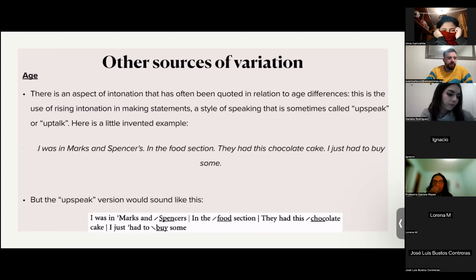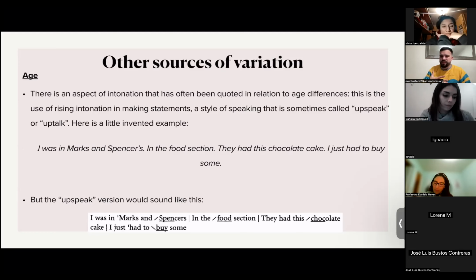Okay. Now, with the upspeak version, that would sound like a young person. It would be, I was in Marks and Spencer's in the food section. They had this chocolate cake. I just had to buy some. So if you realize, at the end they would have the falling tone.